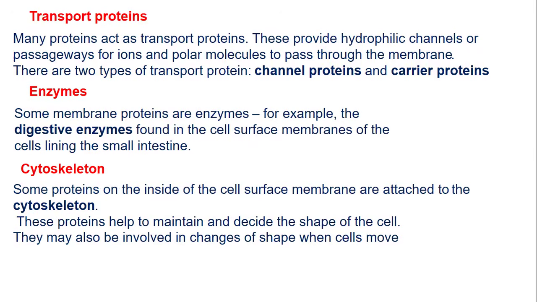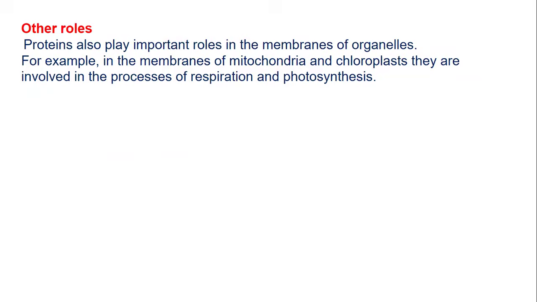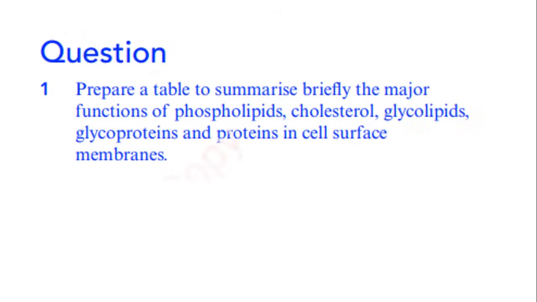So those are the major roles of the different parts that make up the cell surface membrane. You have an assignment here. I want you to sit down and summarize the major functions of phospholipids, cholesterol, glycolipids, glycoproteins, and proteins in the cell surface membrane.